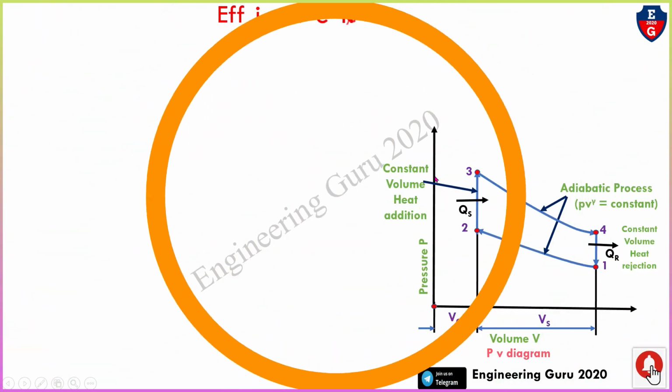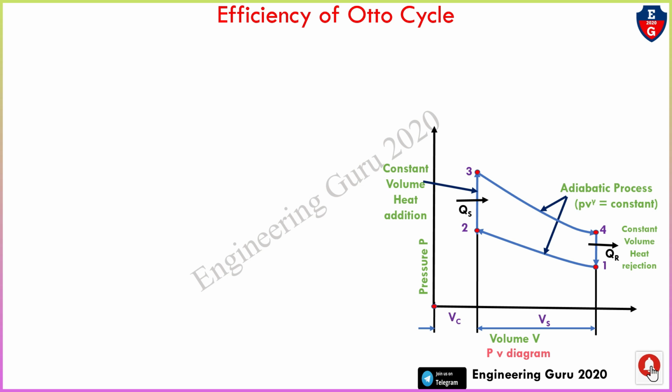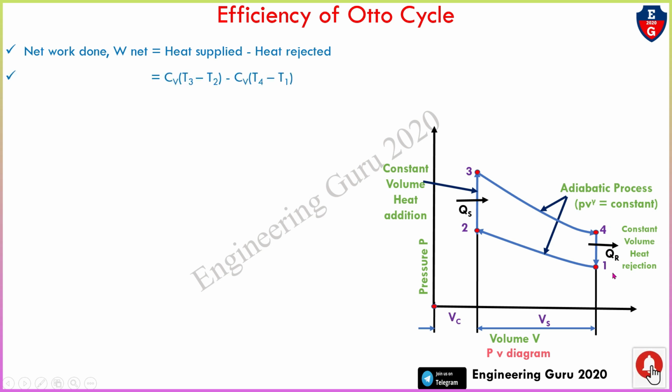Now the next step is the efficiency of the Otto cycle. Net work done, W net, equals heat supplied minus heat rejected. As we know, heat is supplied during process 2-3 and heat is rejected during process 4-1. We already derived this formula: Cv (T3 minus T2) minus Cv (T4 minus T1).